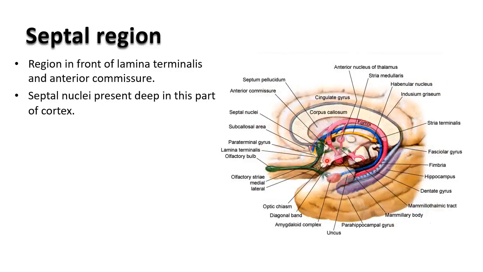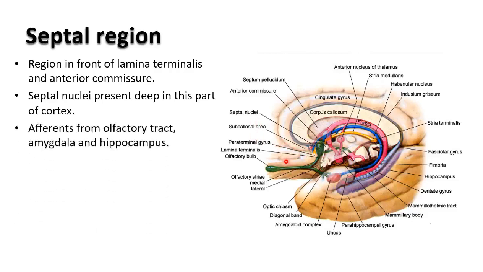So the septal nuclei are present deep to the septal region, and the subcallosal area is present between the anterior and posterior para-olfactory sulcus. Afferents come mainly from the olfactory tract, amygdala and hippocampus. Olfactory connections enter through the medial olfactory stria.